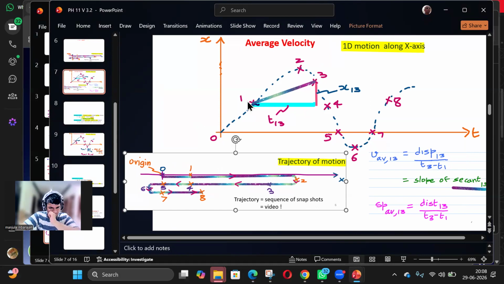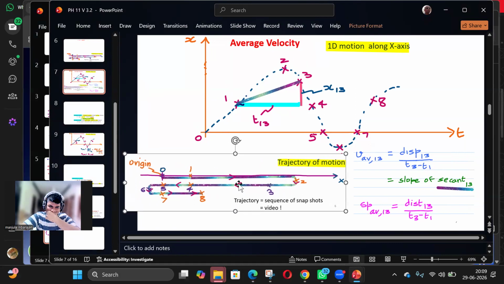Distance between 1 and 3 is the entire path length, 1 to 2 and then 2 to 3. You have to calculate the full thing from 0 up to the starting point and then come back here.